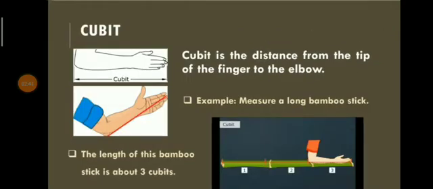Cubit. Cubit is the distance from the tip of the finger to the elbow. Example, let us measure a long bamboo stick. As you can see in this picture, the length of this bamboo stick is about 3 cubits.